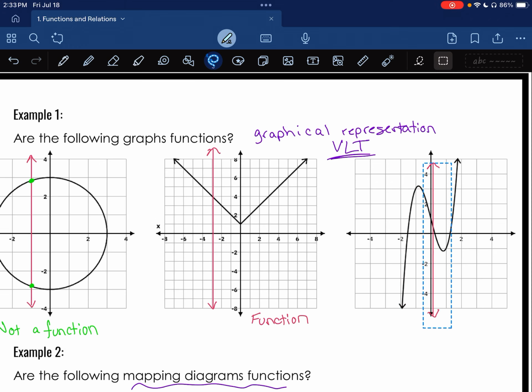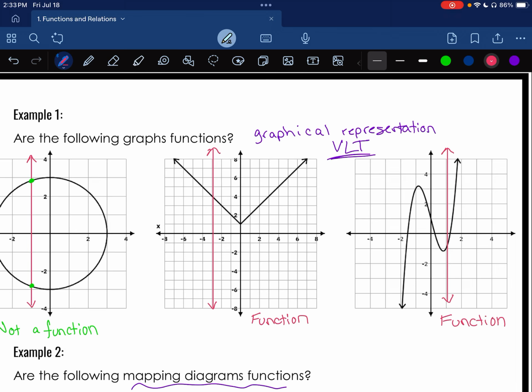And so, because I've studied this type of graph, I can assure you that even here, when it starts getting kind of steep, it's never as steep as this perfectly vertical line. And so this one is also going to pass this vertical line test. And so we'll say that this guy here is a function.